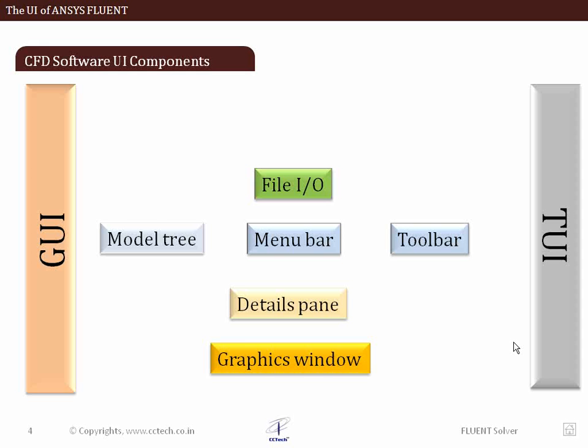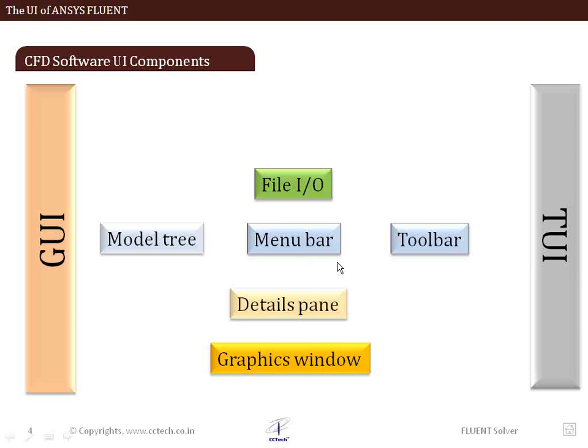So I hope you can remember this slide from the previous presentation. Basically any CFD software should have components which can perform these tasks. I mean the tasks in the sense of importing and exporting files. It should have options for representing what is the basic workflow.